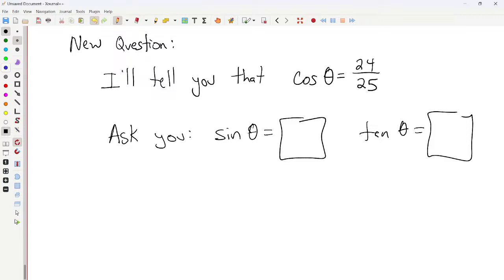All right, guys, new question. The cosine of theta is 24 25ths. Please tell me what the sine of theta and tangent of theta are. Who's got an entry point?